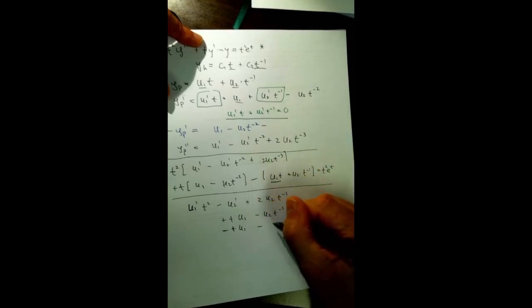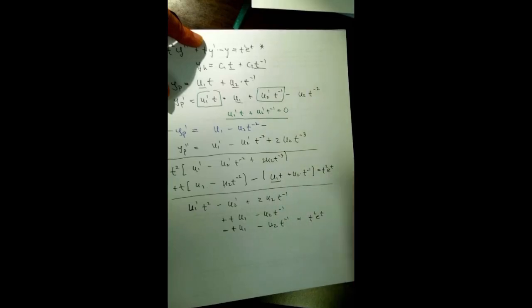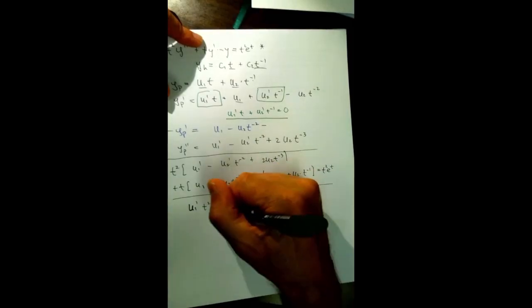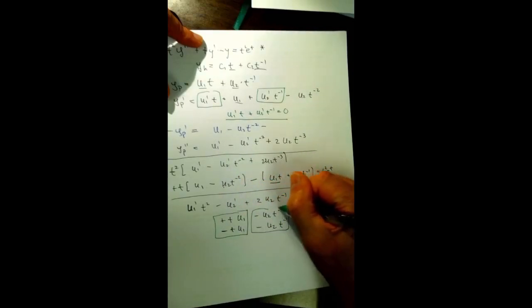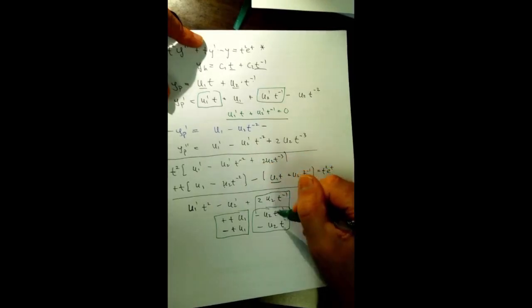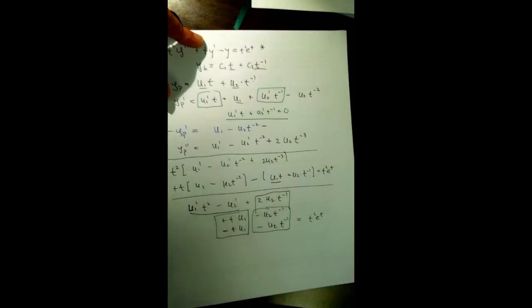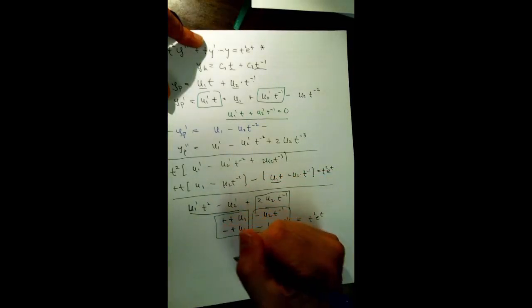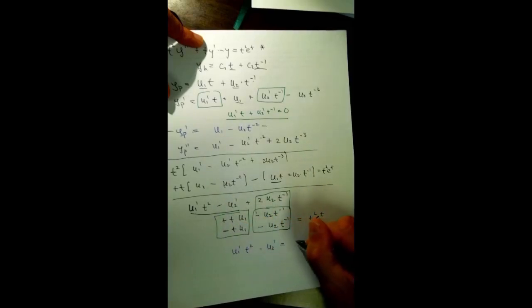And then here I'm going to have minus u2 t to the minus 1, all equals t squared e to the t. I'm hoping lots of things cancel out. Those cancel. Those cancel. Oops, sorry. I need that. So 2 minus 1, leaving only that term. So my second equation is u1 prime t squared minus u2 prime is t squared e to the t.